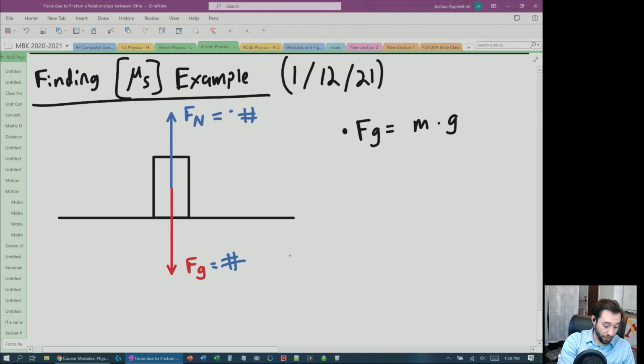So if I've got 5 for the normal force, that means that the force due to gravity is going to be -5, because it's going to be the same value, same magnitude, but just opposite in direction. Make sense?